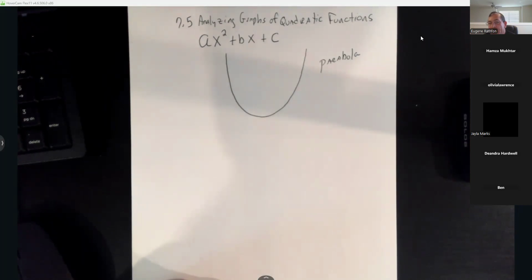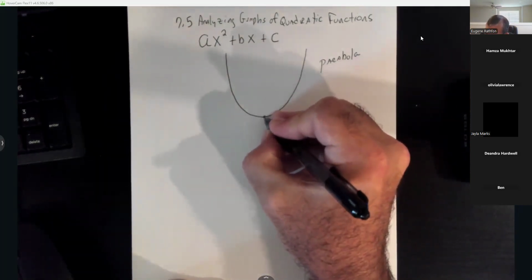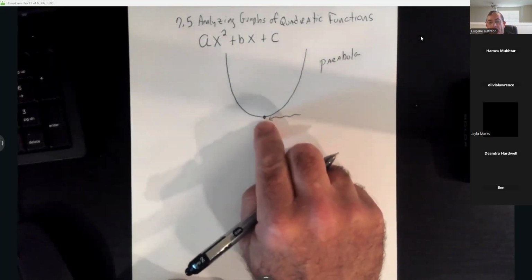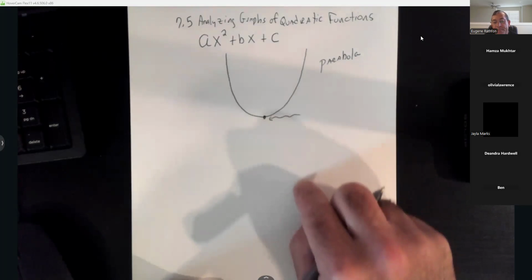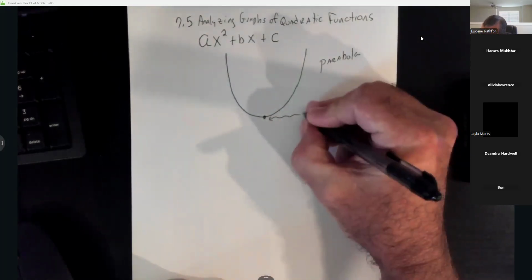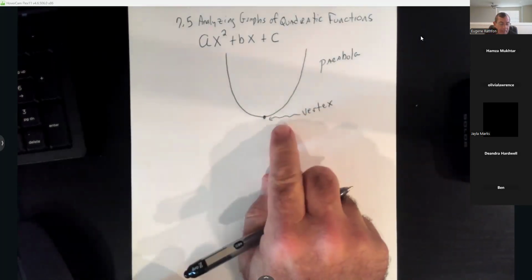Now, there's certain things about this parabola we're going to look at today. The first thing is you got a minimum, or if the graph is flipped over, you would have a maximum. So this is what we call the vertex.